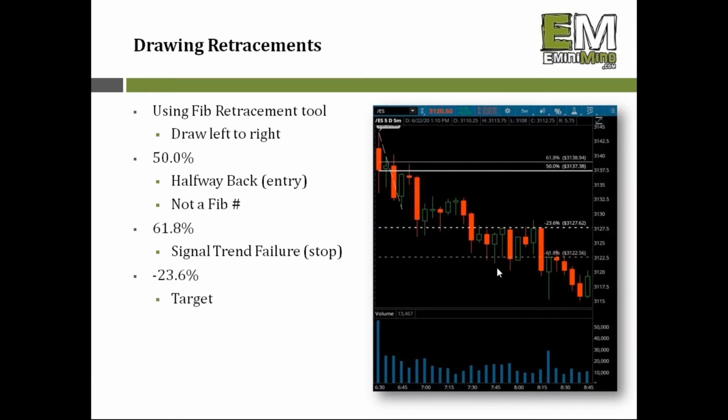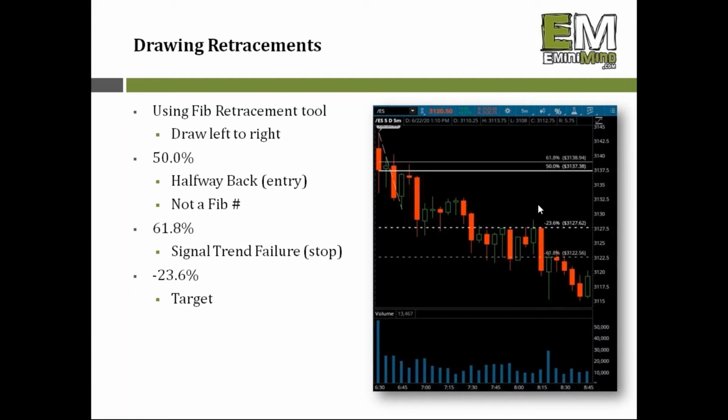So we've got the 50% as our entry, the 61.8 as our stop point, and then the negative 23.6 as our target point. So that's a traditional retracement.